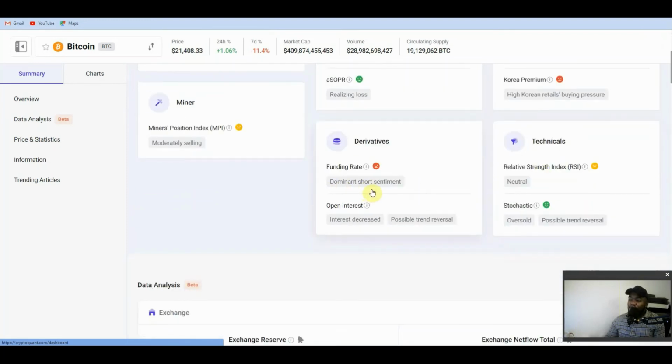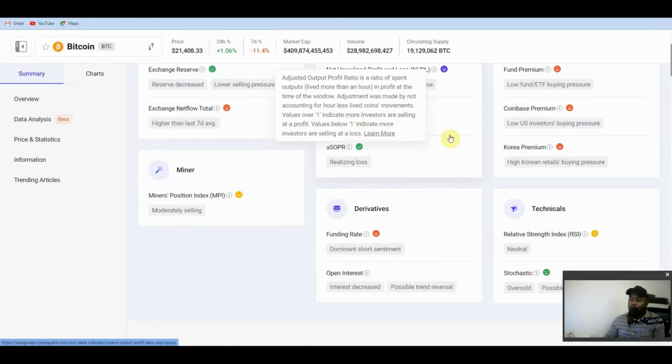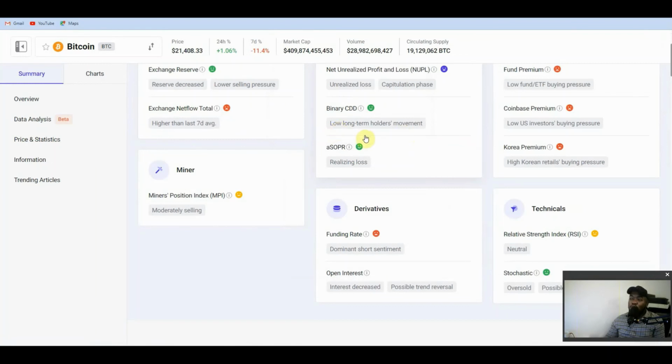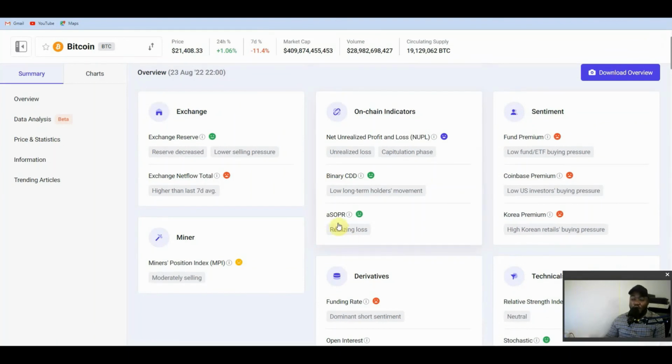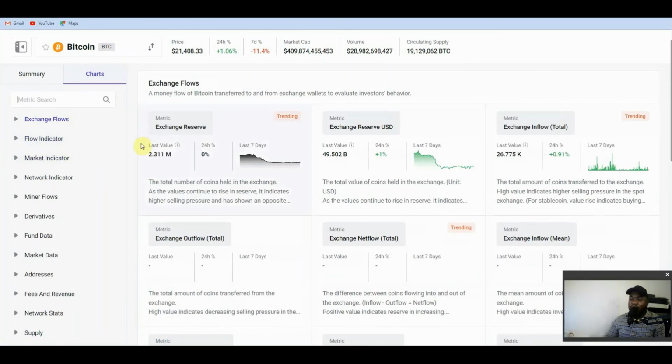Now you can see dominant short sentiment, short positions dominant, long positions low, long-term holder movement low. People are no longer holding for the long term. All this information you can find on this particular website, and that is what makes it so good.